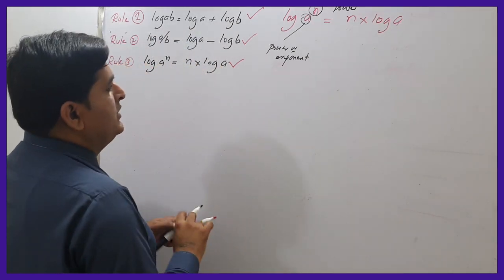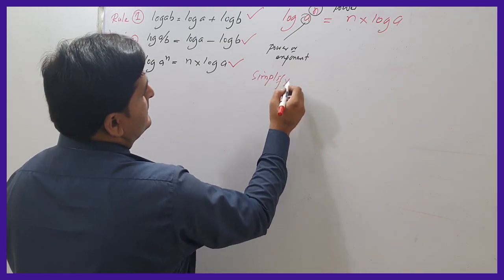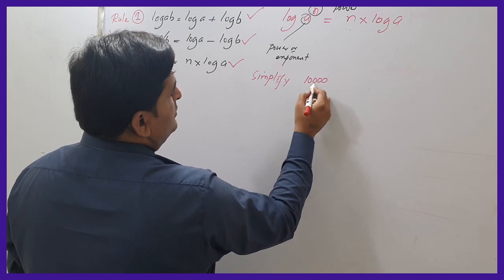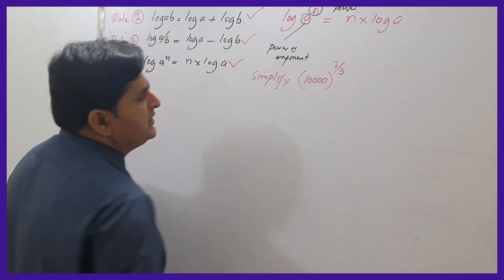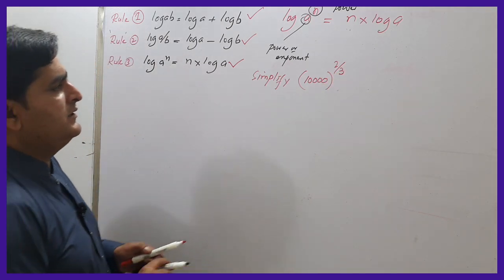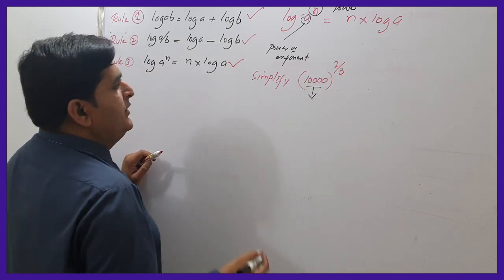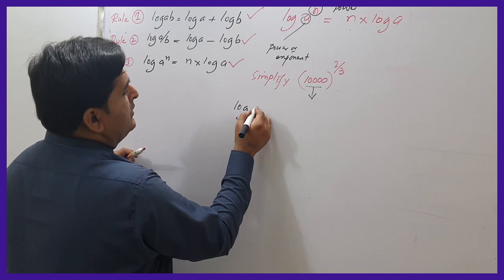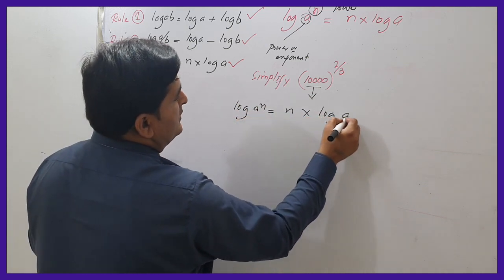For example, our example is to simplify 10,000 to the power 2 upon 3. First of all, we convert this number into a scientific number. The rule is log a power n is equal to n into log a.